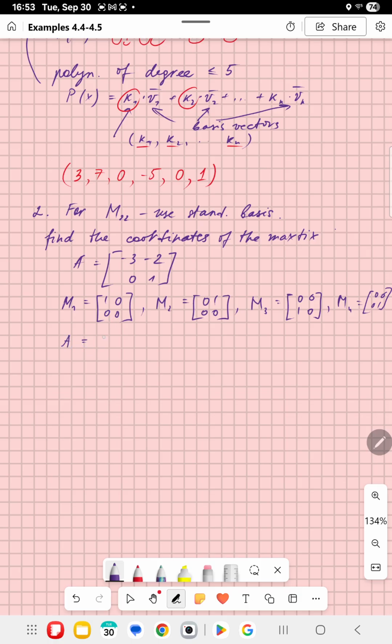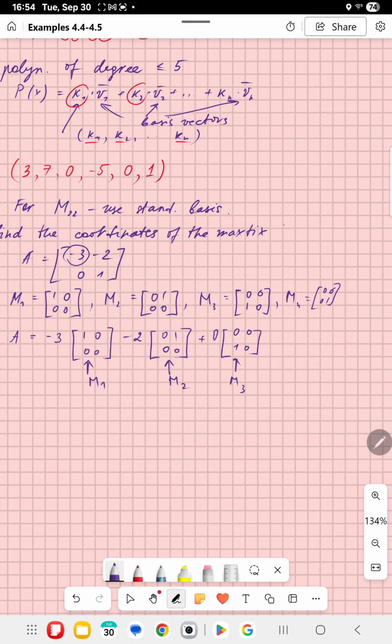Well, it looks like if I multiply my first matrix 1, 0, 0, 0 by -3, I'm going to get this -3, and no other elements are going to be present. And then -2 multiplies my second element, 0, 1, 0, 0. I'm going to label this M1, and this is M2. And for M3, because there is nothing here, we have 0, it's going to be multiplied by 0, 0, 1, 0, M3.